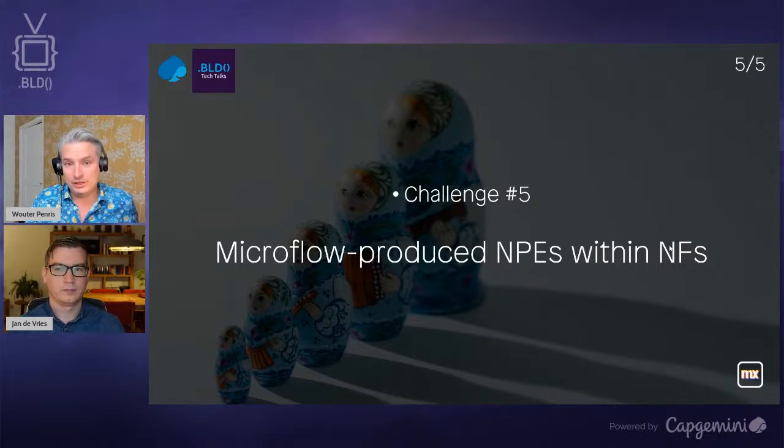Whenever you're using microflow logic to create a non-persistable within a native context, so again, that means you have a microflow that generates an object, passes it back to a nanoflow. Now it's in the native context. If I feed that object back again into another microflow, I will get problems. Either I'll get compile time problems or I will get runtime problems. And I'm just going to show you what that looks like.